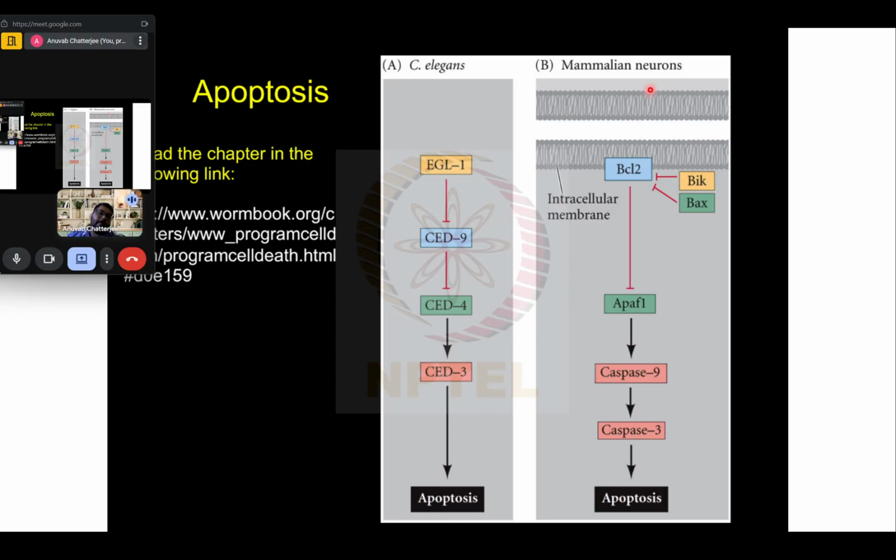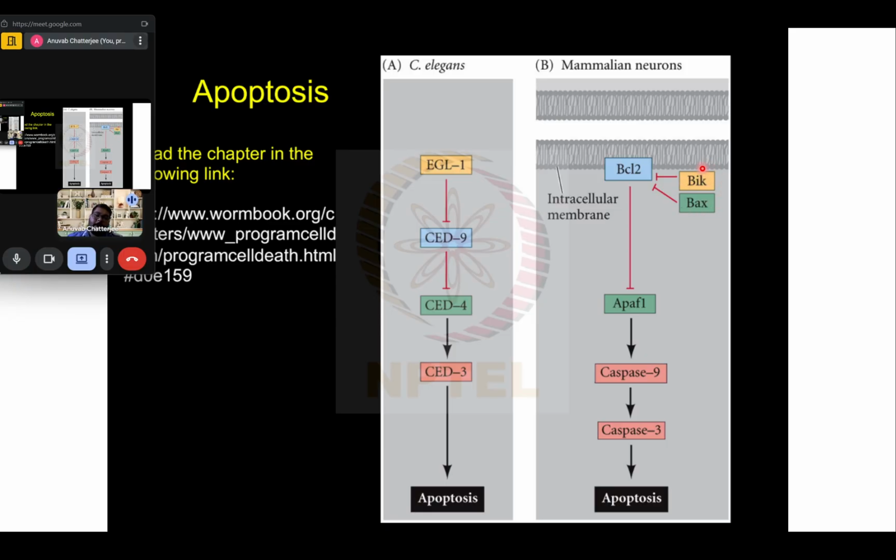In the case of mammals, especially mammalian neurons, just as SED9 and SED4 are partners, BCL2 and APAF1 are the partner molecules. And again, the molecules which cause apoptosis to occur are known as BIC and BAX.